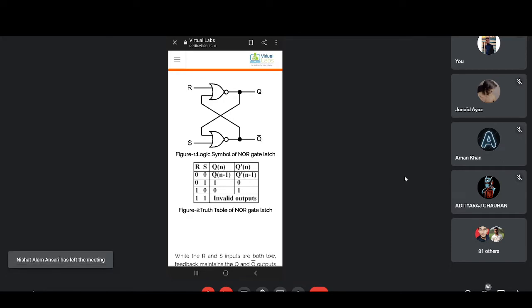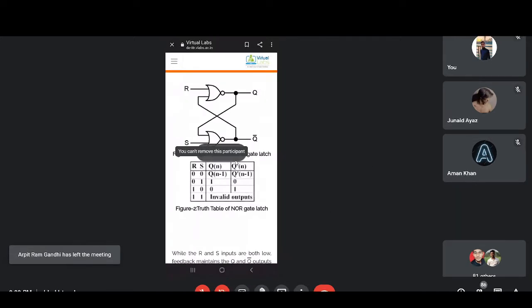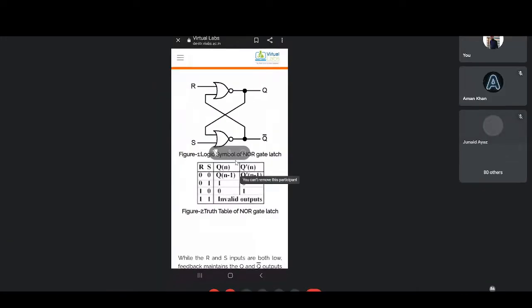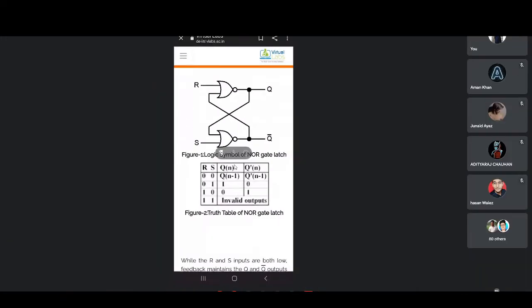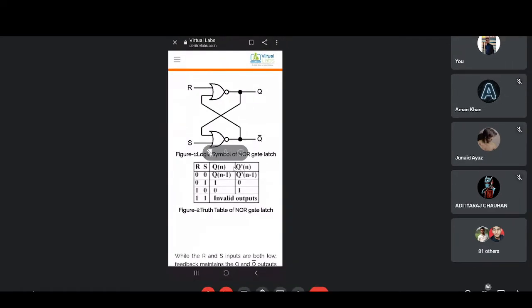Here we have the symbolic representation of the SR flip flop. It has R and S as inputs, and Q and Q bar are the outputs. It has only one output, that is Q, and Q bar is its complement. So the RS flip flop has one output and two inputs.